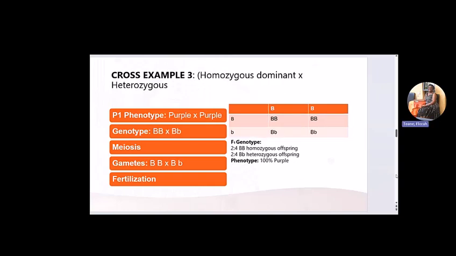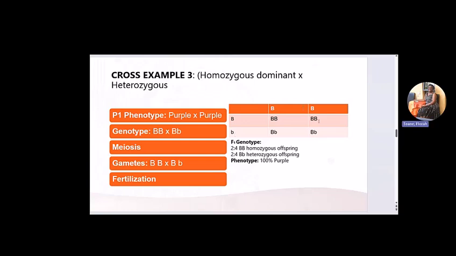Another example of a monohybrid cross. This time, it's a cross between homozygous dominant and heterozygous. Homozygous, these are the 2 B's. Both of them are capital letters. It's homozygous. Heterozygous, this is capital letter B and small letter b.